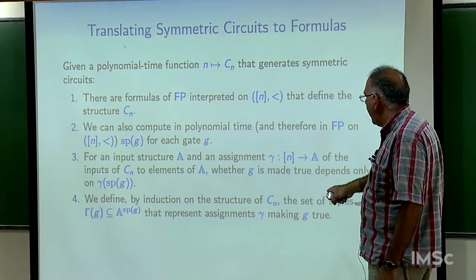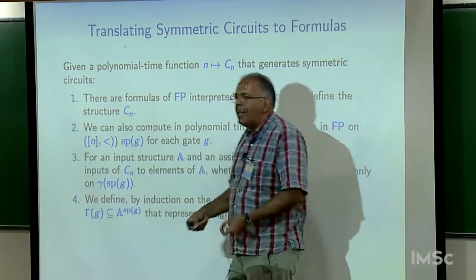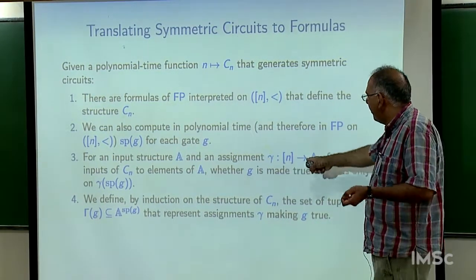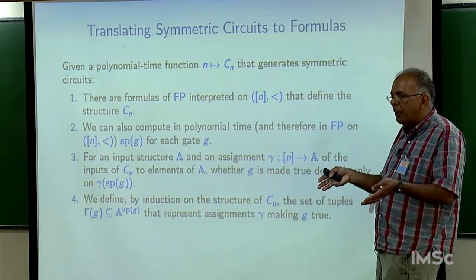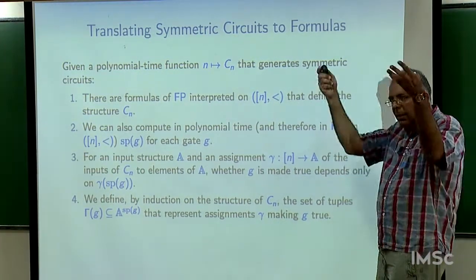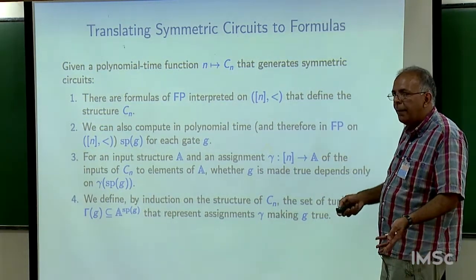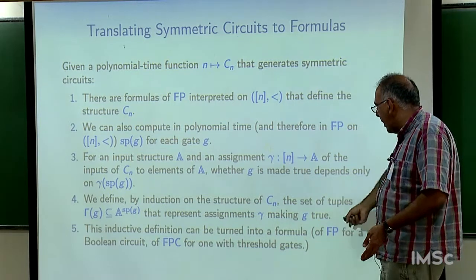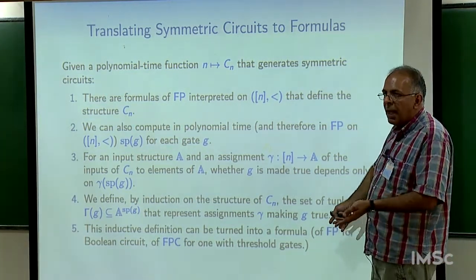So we can associate with each gate a relation on A, which is effectively a succinct encoding of those assignments which make that gate true. And we show that this is definable by induction, that is by a fixed point, on the structure of the circuit.